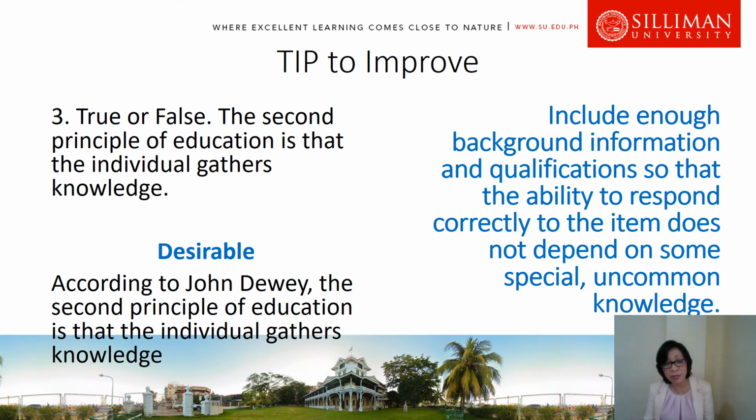Now, why is this more desirable? Because we need to include enough background information and qualifications so that the ability to respond correctly to the item does not depend on some special or uncommon knowledge. So, there you are. I have shown you the improved question.